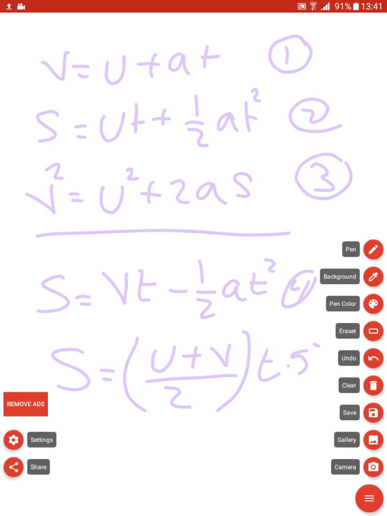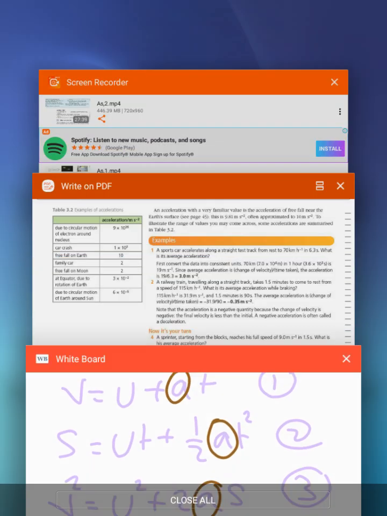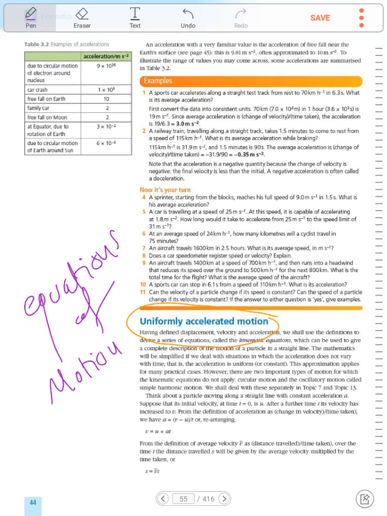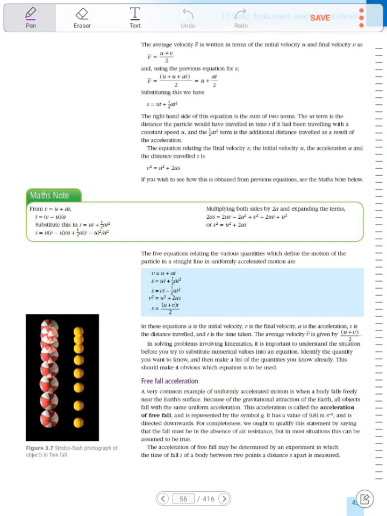These are the 5 equations of motion, which are very important, and you have to remember that these equations can be used only if the acceleration of the object is constant.